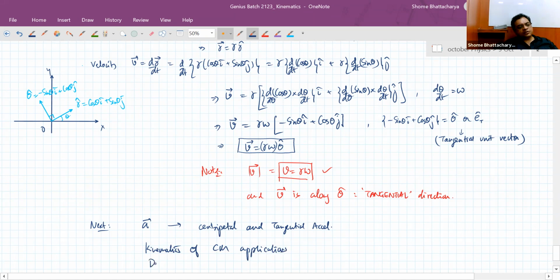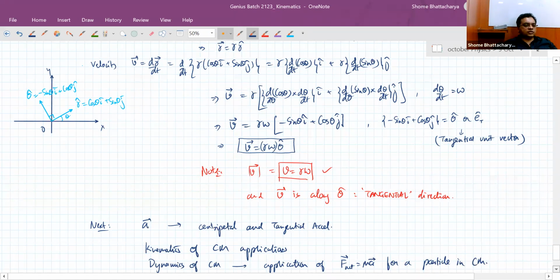Then we will look at dynamics of circular motion, that is application of Newton's second law, that is net force is equal to mass into acceleration for a particle in circular motion. Okay, so you can start looking into these things.